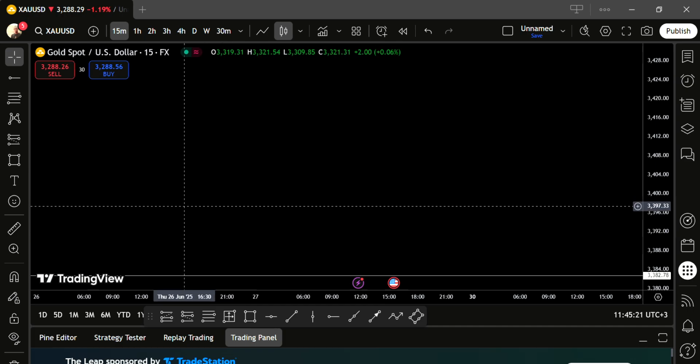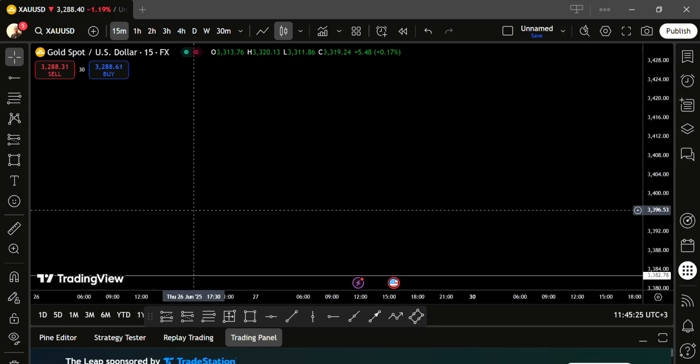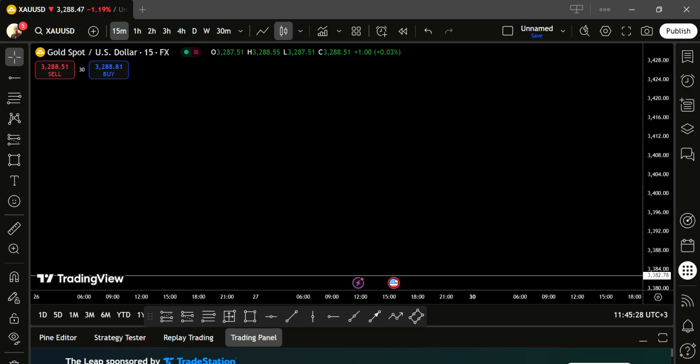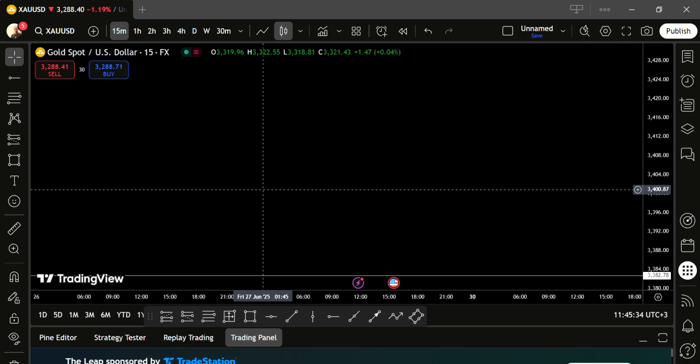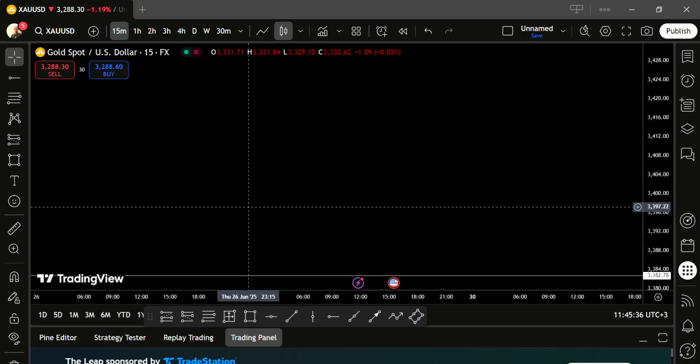If you find out that the direction favors the setup, then you're good to go. If the direction does not favor the setup, then you can be looking for 1:1 only, or target the previous high or low only. Okay, so now the setups, I'm just going to give you two setups only.